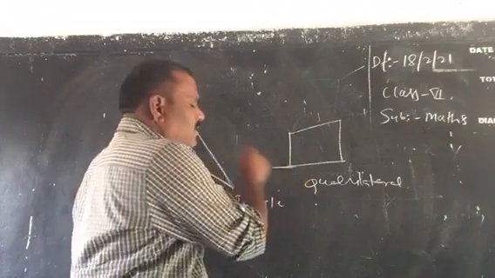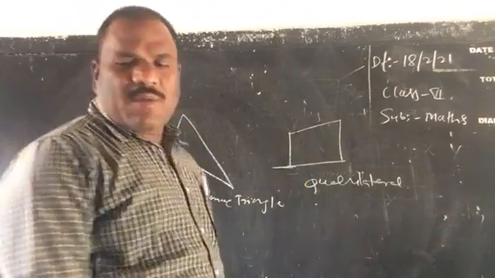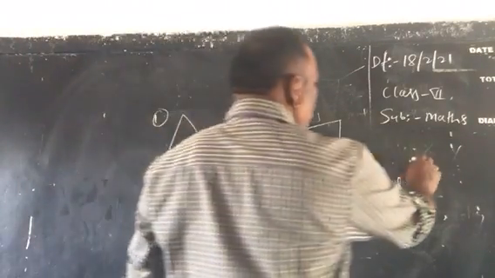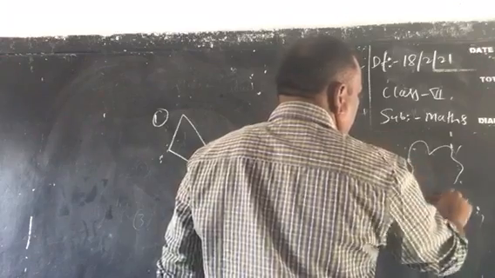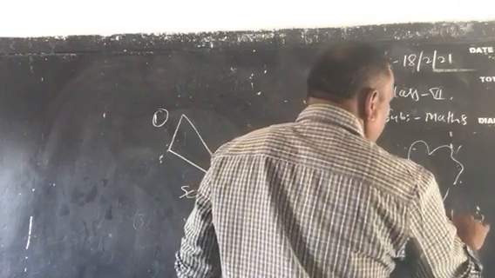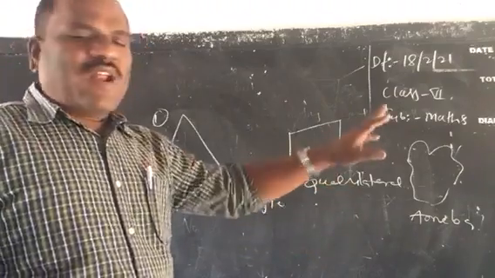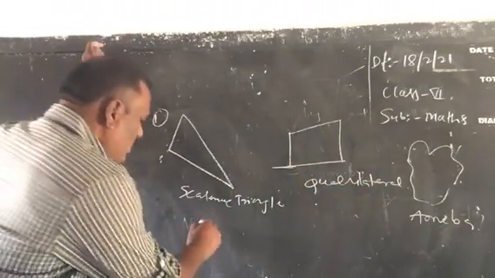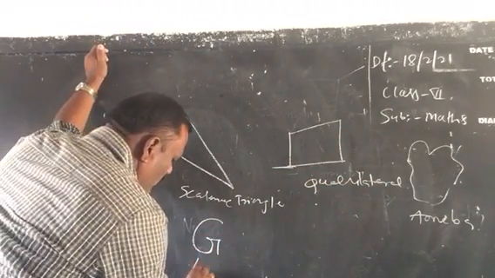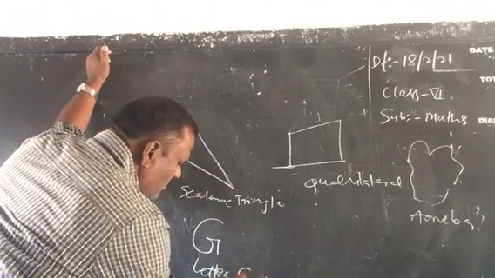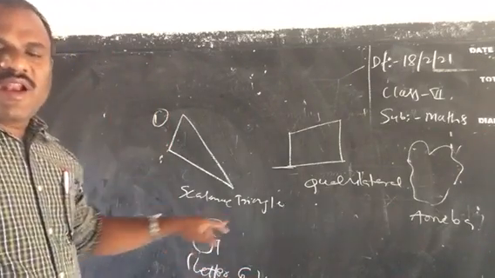And one more rough figure, children. For example, if you draw an amoeba, you know very well, this is an amoeba. An amoeba also does not have any line of symmetry. And the letter G is also not having a line of symmetry.